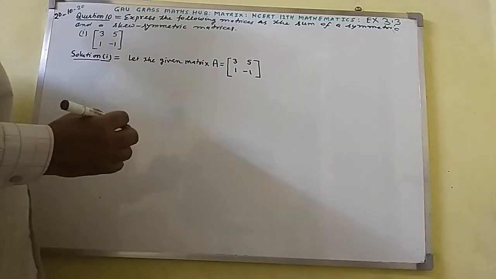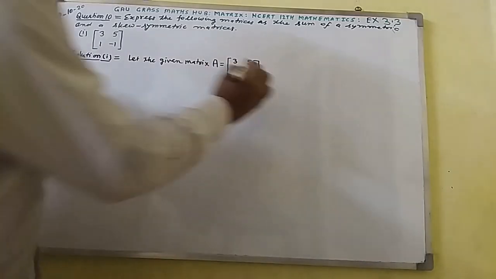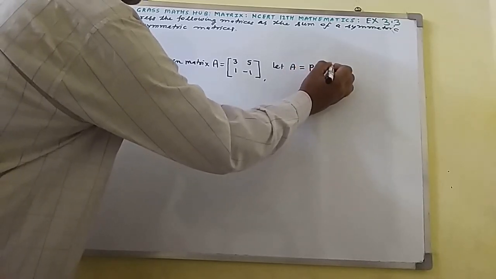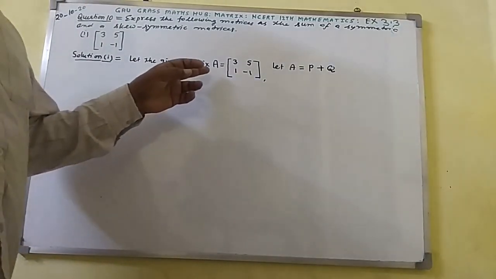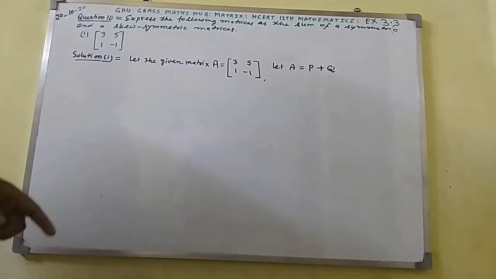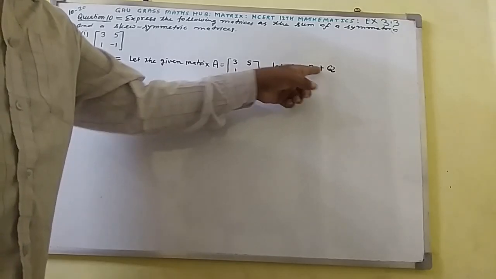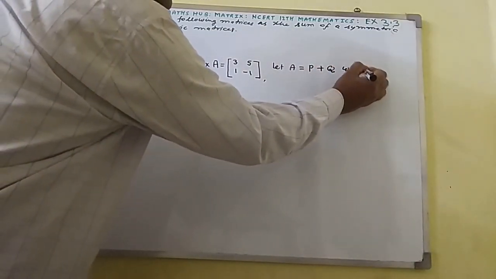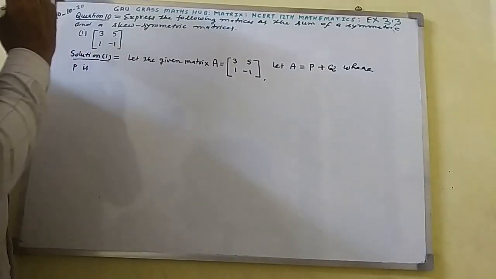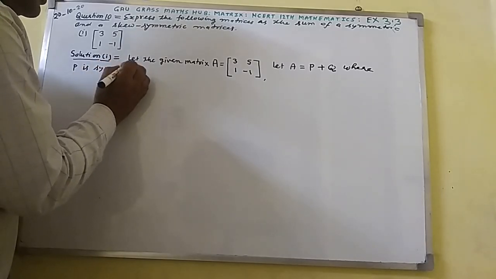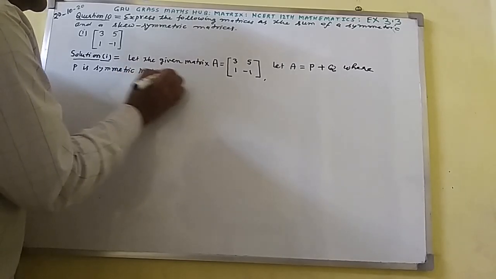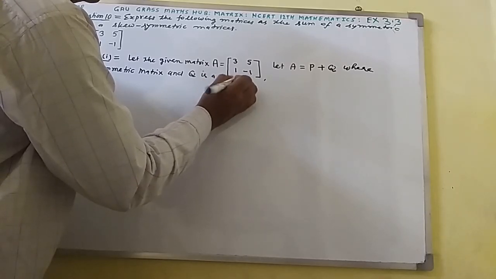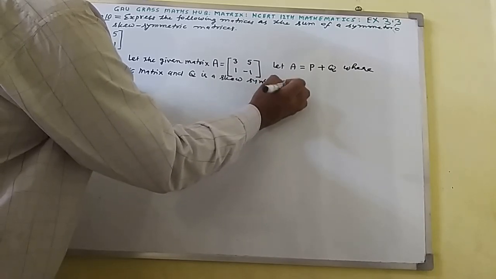So here you can see, I shall write, let A equal to P plus Q. Here I am going to express the given matrix A as the sum of a symmetric matrix and a skew symmetric matrix, where P is a symmetric matrix and Q is a skew symmetric matrix.